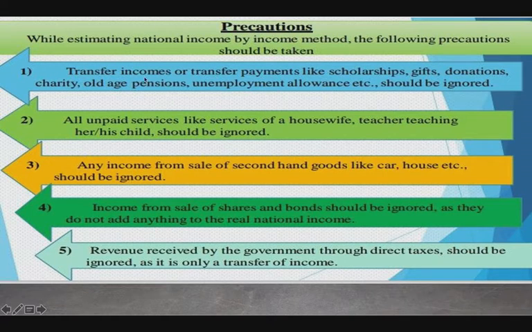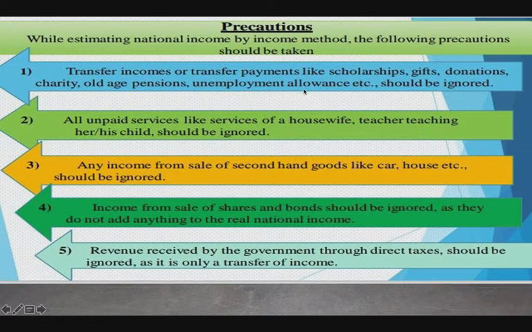But transfer income comes without any participation in production activity. A person receives remuneration or income from another person. For example, a scholarship. A scholarship is received by a student from the government without any participation in economic or production activity by the student. So it is only a transfer income from the government to students.